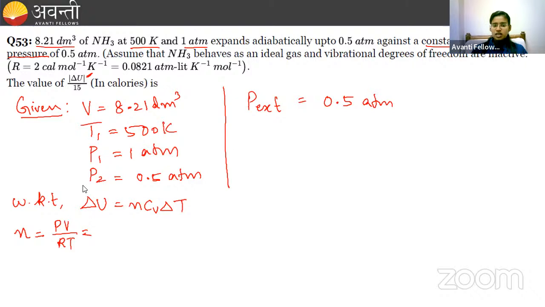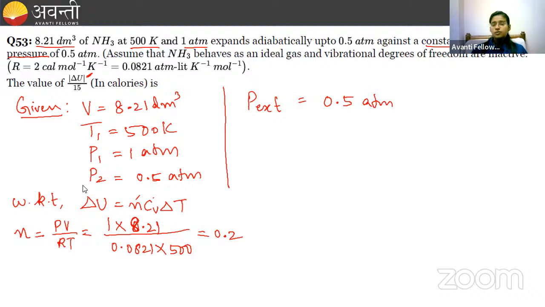So the pressure is given as 1 atm and the volume is 8.21 divided by R in terms of atmospheric liter is 0.0821 and the temperature is 500 Kelvin. Okay. So the answer will come out to be 0.2. So the number of moles I have got.